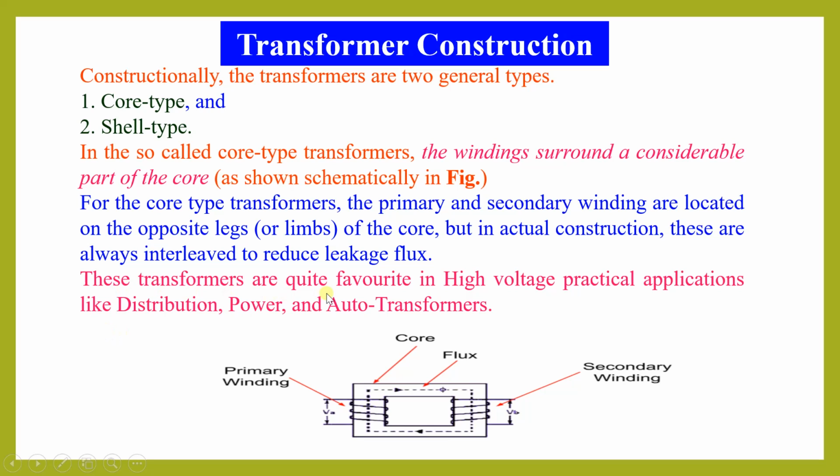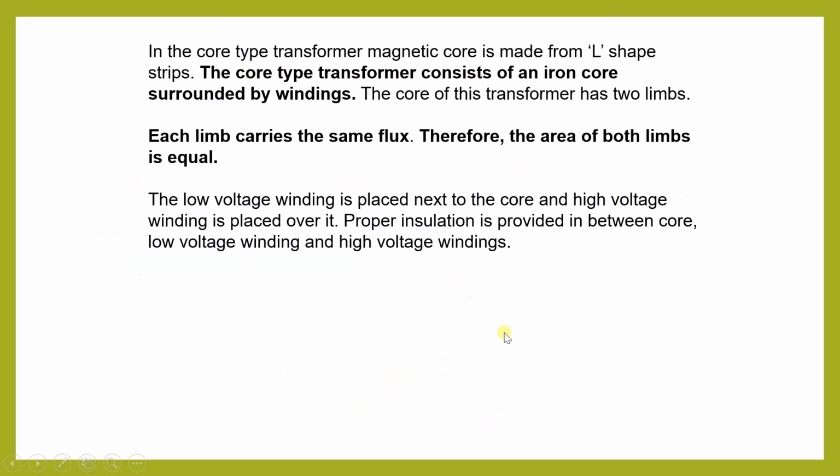These transformers are quite favorite in high voltage practical applications like distribution, power and auto transformers. Further, in the core type transformer, the magnetic core is made of L-shaped strip. The core type transformer consists of an iron core surrounded by winding.